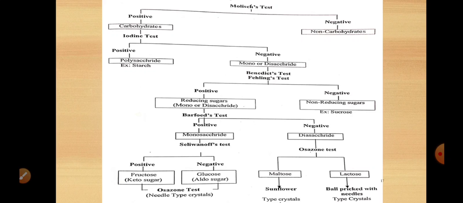I also tried to make you feel the type of color produced in the test tube when you carry out that particular test. So that's it, what I wanted to give you as information. Thank you.